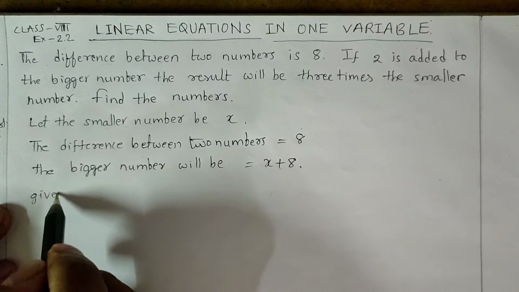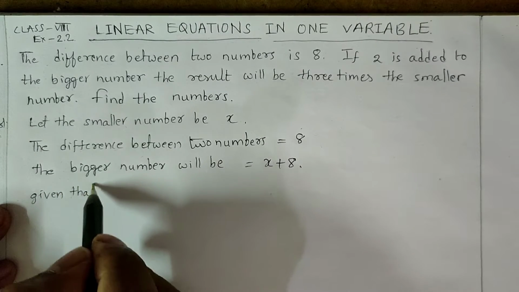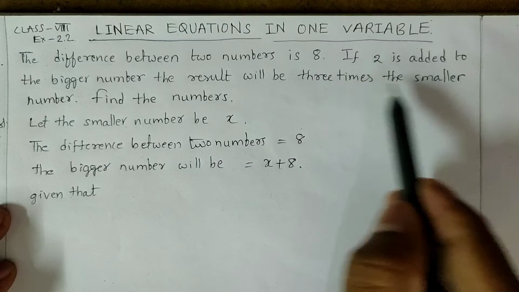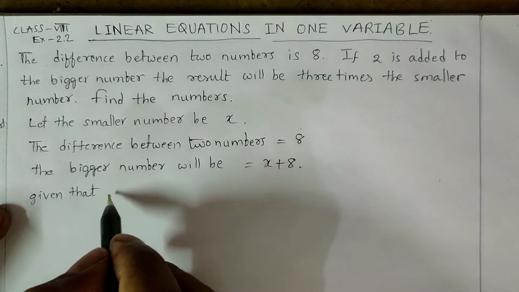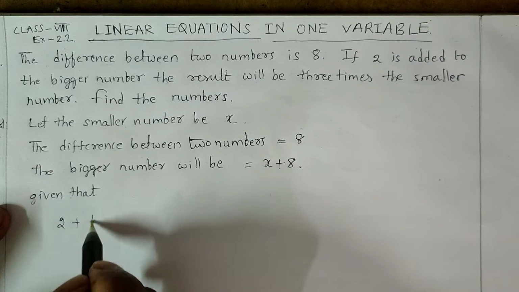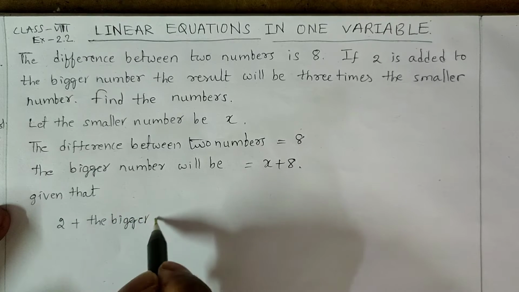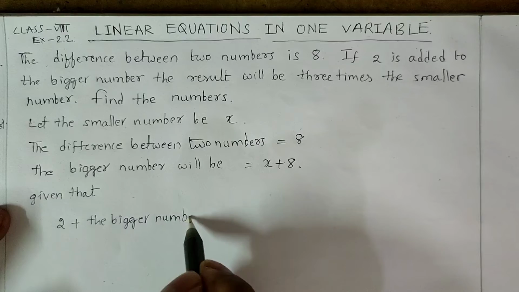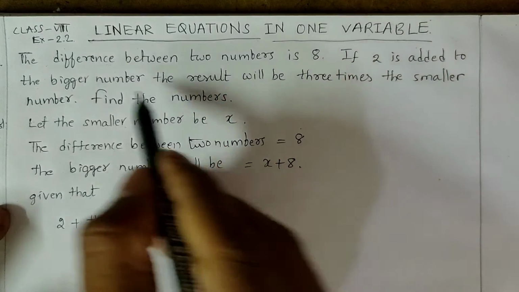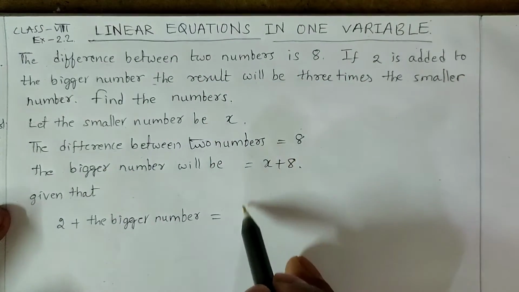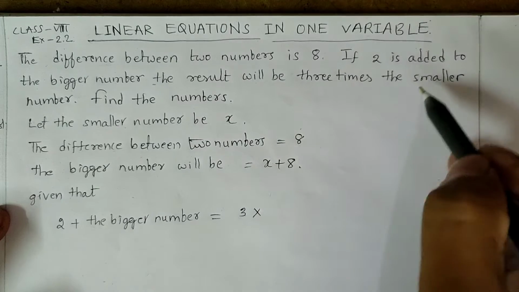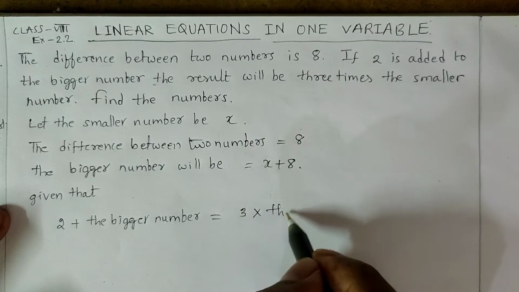So given that 2 is added to the bigger number, so 2 plus the bigger number is equal to 3 times, that means 3 into the smaller number.